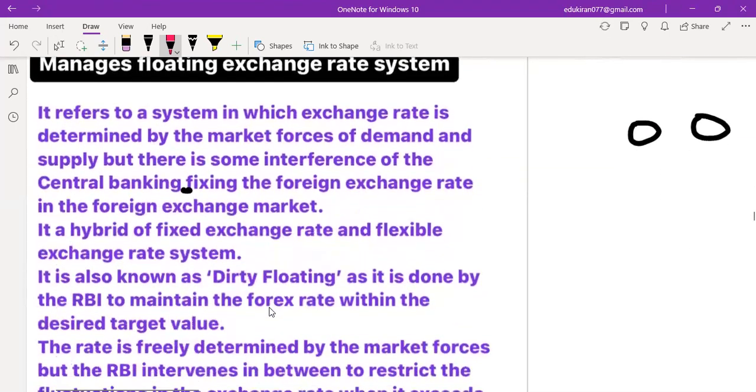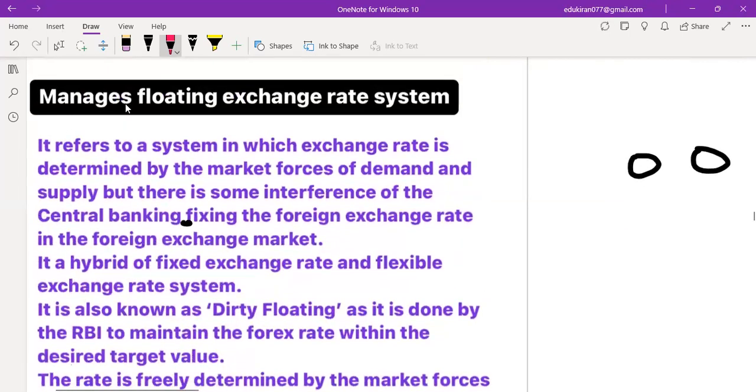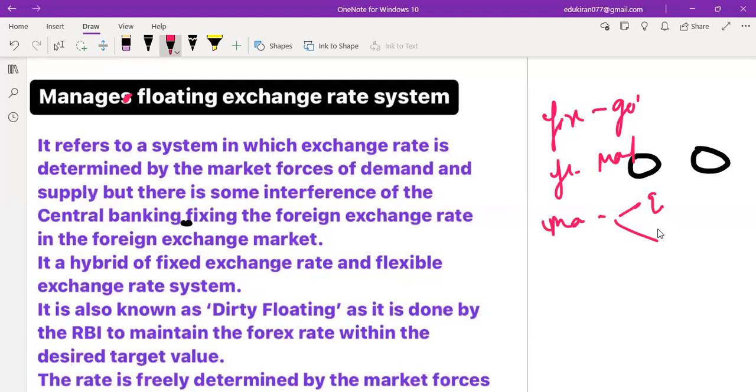Now, next is managed floating exchange rate. It refers to a system in which the exchange rate is determined by the market forces of demand and supply, but there is some interference of the central bank in fixing the foreign exchange rate in the foreign exchange market. In the fixed one, only the government was doing it; in the flexible, only the market; but in the managed one, both government and market are doing it.